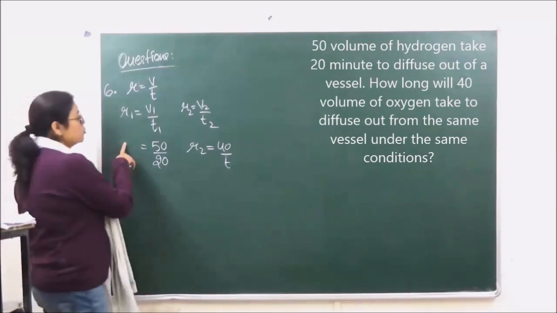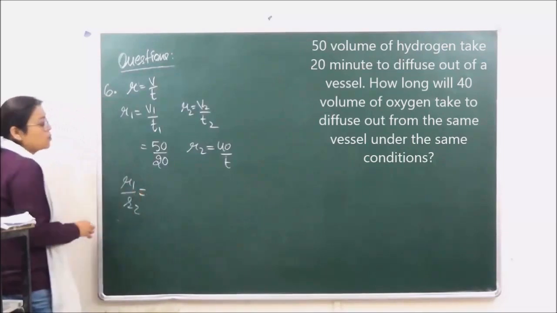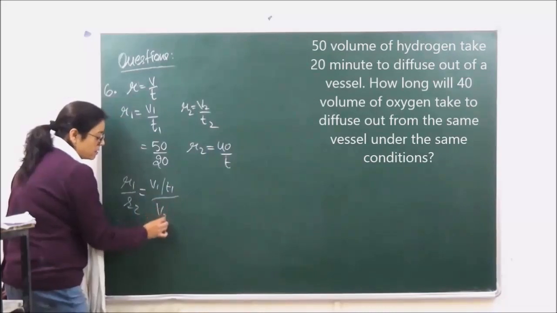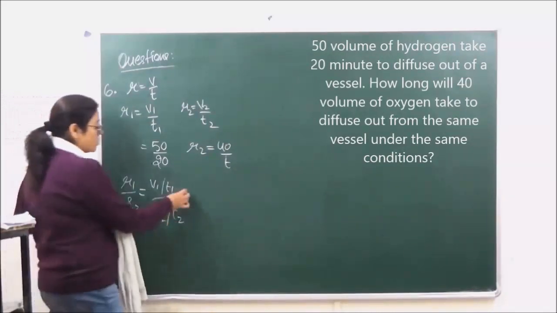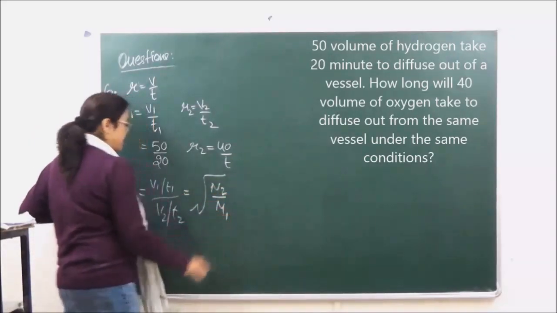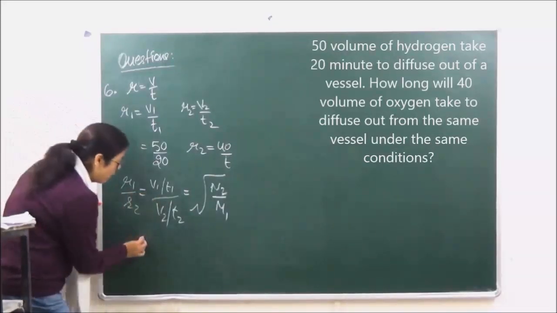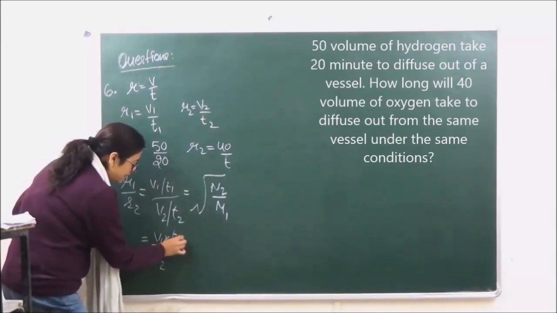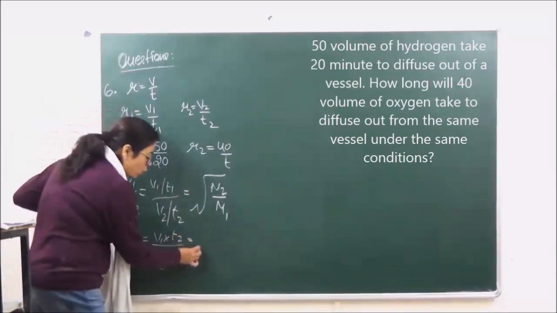In this case you know that R1 upon R2 is equal to V1 upon T1 upon V2 upon T2, which is equal to the square root of M2 upon M1. So this becomes V1 upon V2 into T2 upon T1 equal to the square root of M2 over M1.